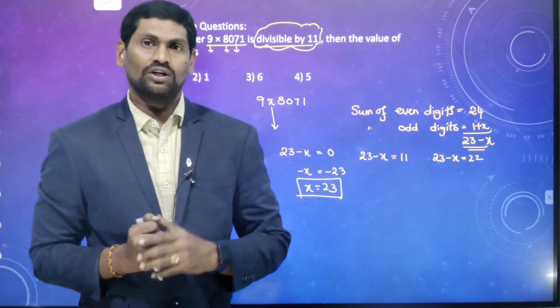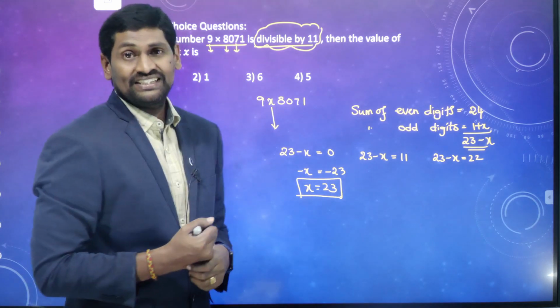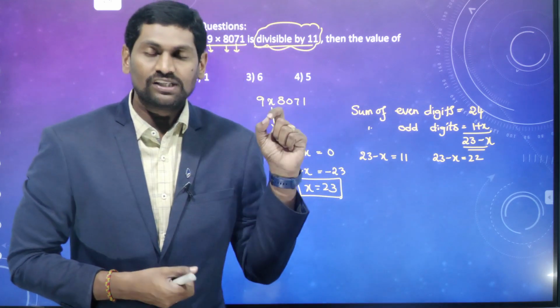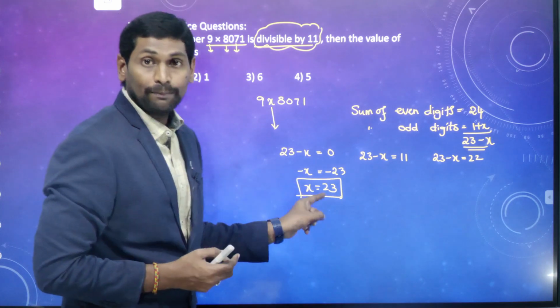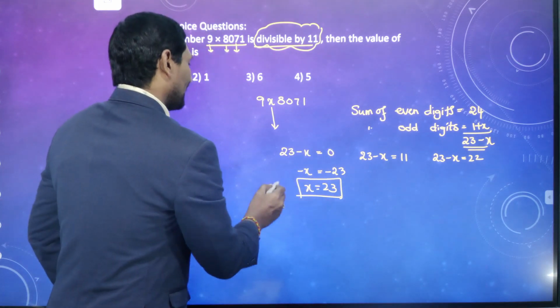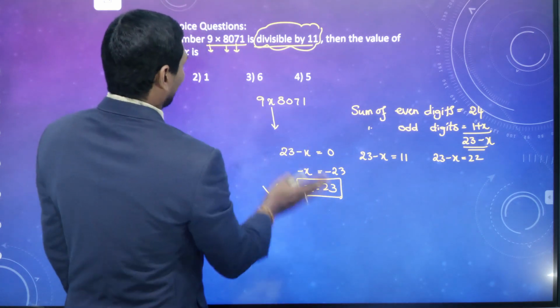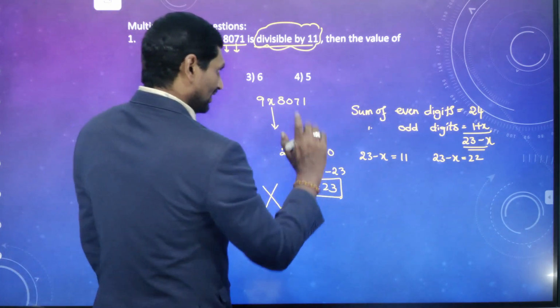But is it true or not? Definitely not, because x has to be a single digit number, but we got a double digit. So we cannot take the difference as 0, which does not fit the value of x. Okay, let us take 11.